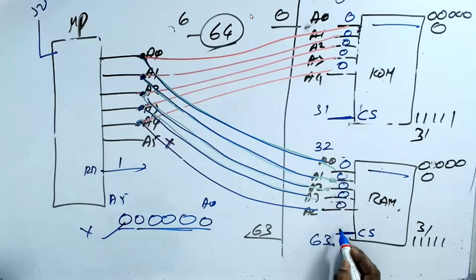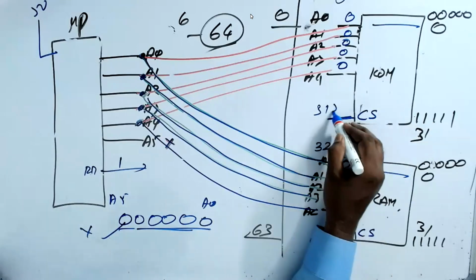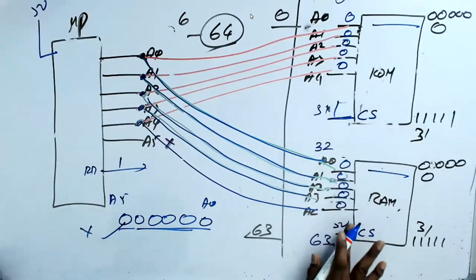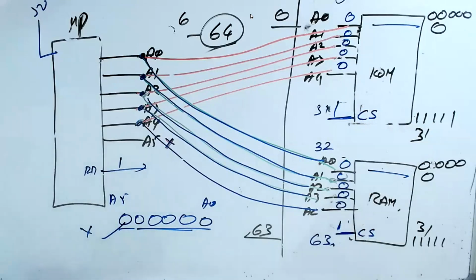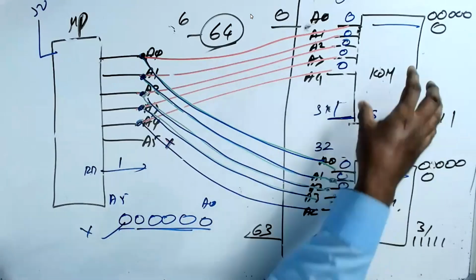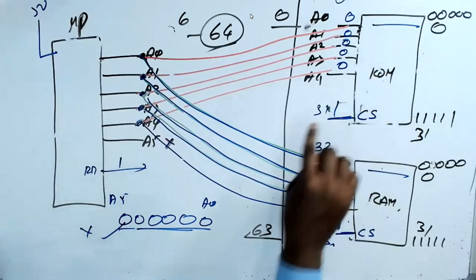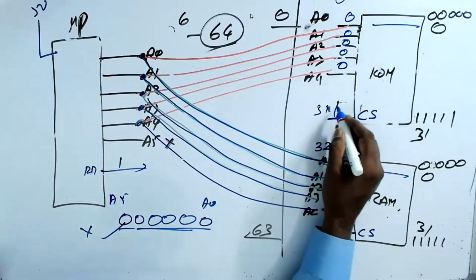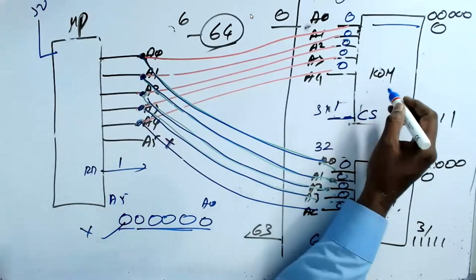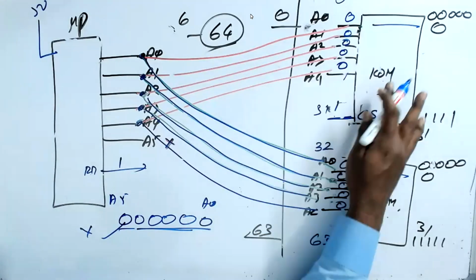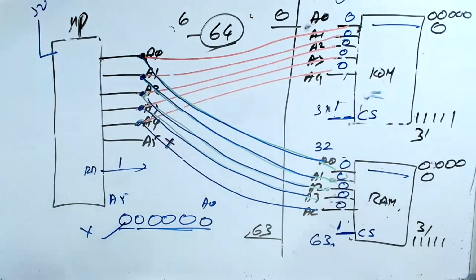When you don't make it 5 volts, that is 1, the chip will not be selected. All the chips manufactured by the companies have a wire called chip select. If you don't make it 1, that chip will not respond, even though you give an address.